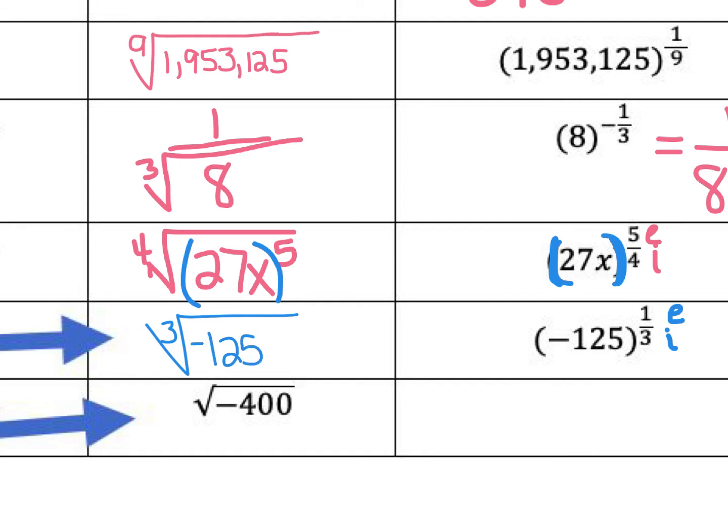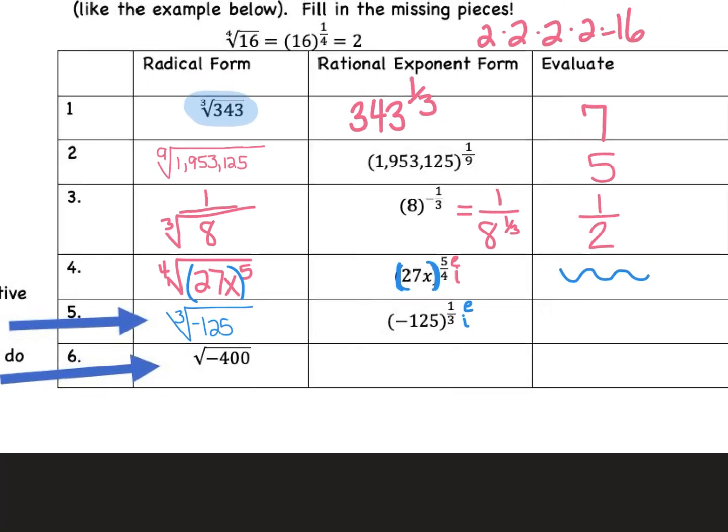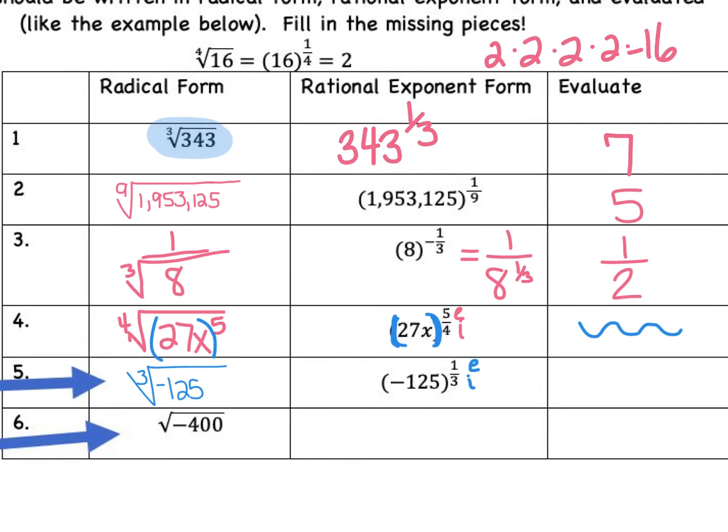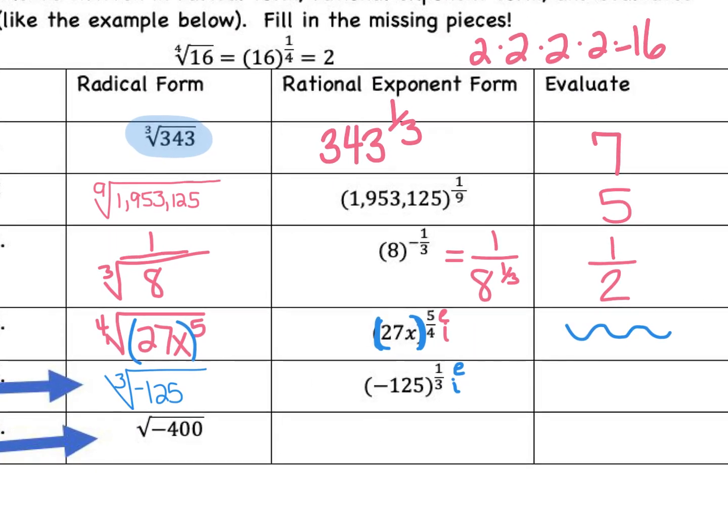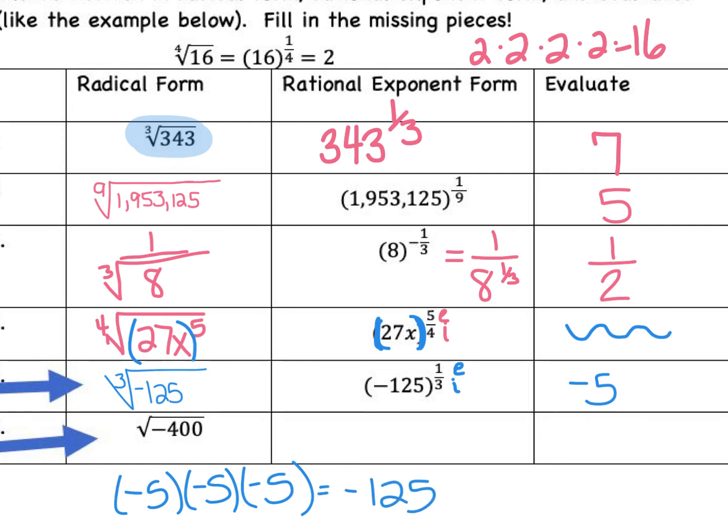So I don't need to write that 1. So you might pause for a second and go, can I take the cube root of a negative value? Well, try it on your calculator, and sure enough, you get negative 5. And why is that? Because if you think about it, negative 5 times negative 5 is a positive 25, times another negative 5 is negative 125. So, yep, cube root of negative 125 is negative 5.